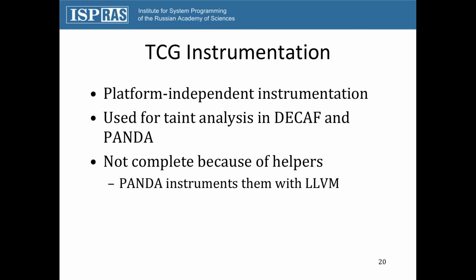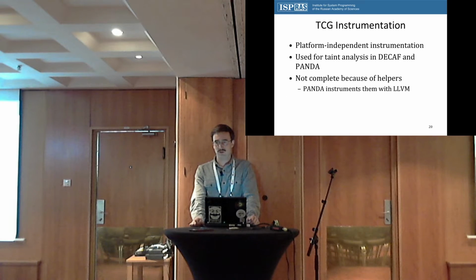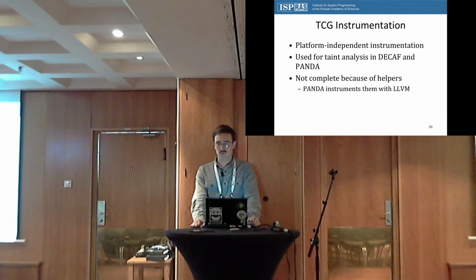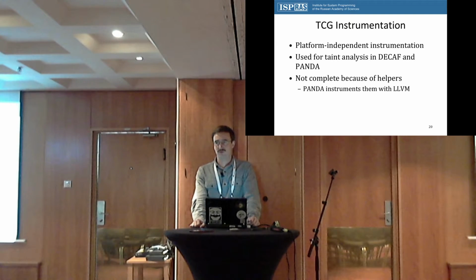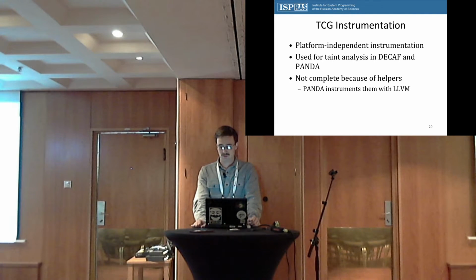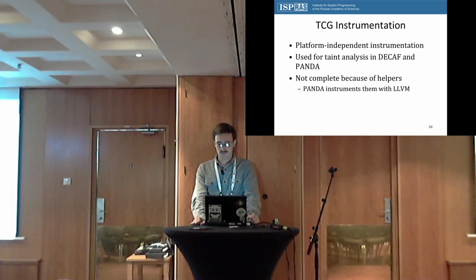Some frameworks tried to instrument the TCG representation, but it looks simple and is tricky, because of helper functions that are unknown, because the semantics is unknown to the instrumenting tool.